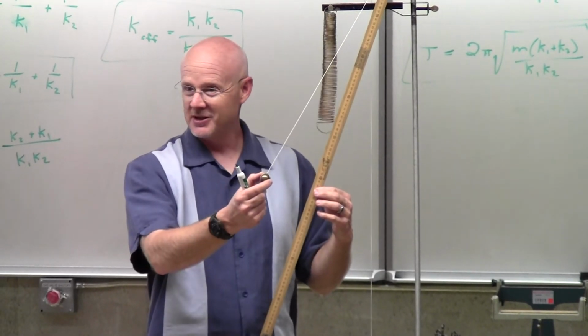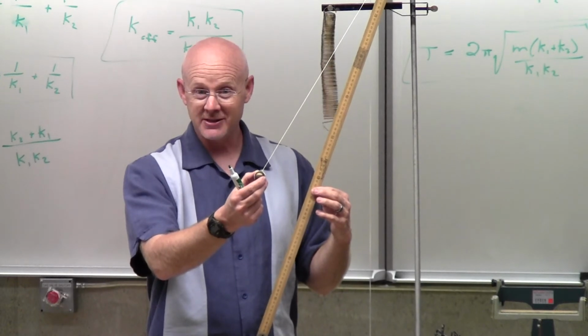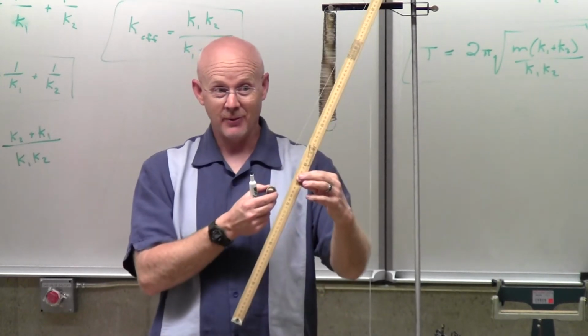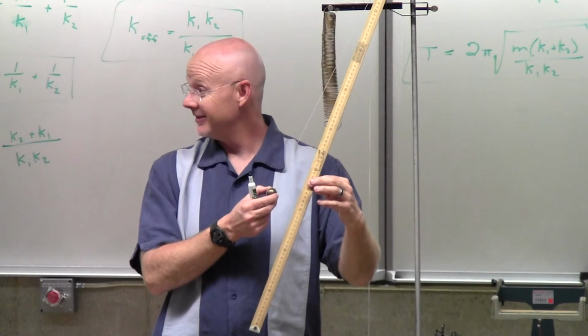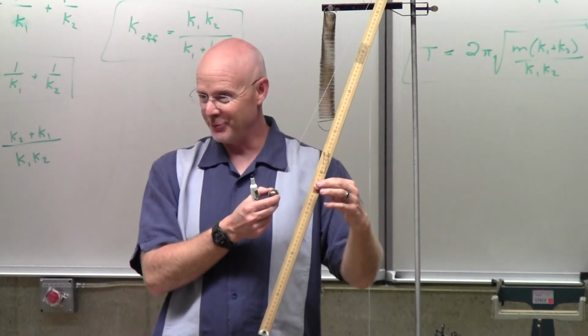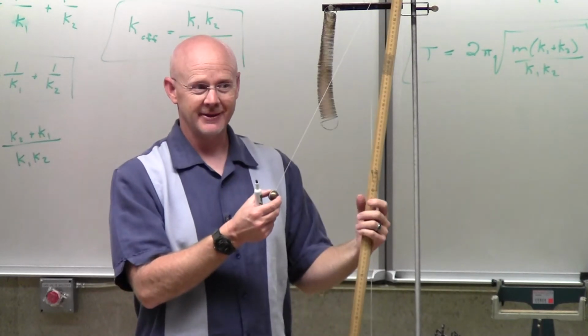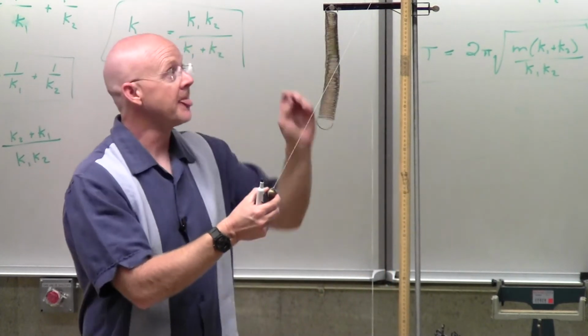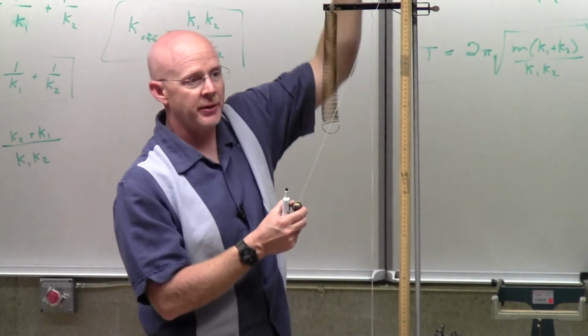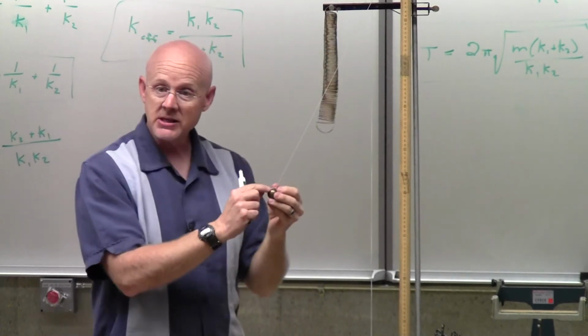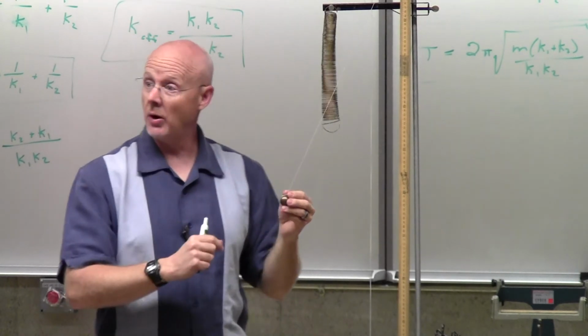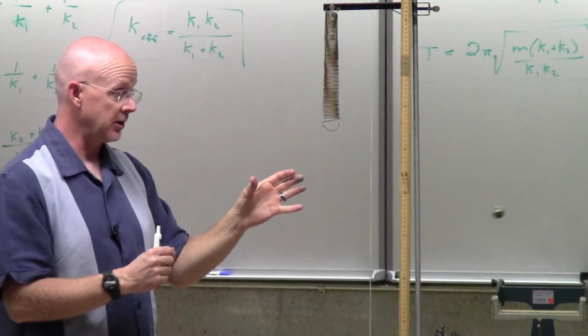We started the semester thinking of things as points, and then realized, well, they have size, and we had to do moments of inertia and torques. All right, so that's coming, but I'll put that aside here. Let's just start with a mass. Think of it as a point. Pull it to one side, let it go.